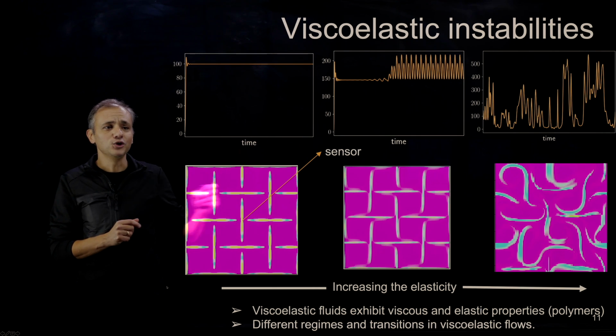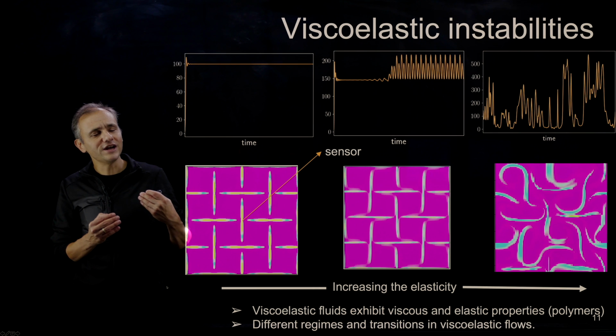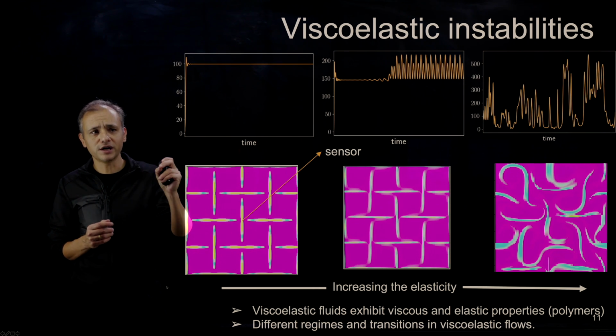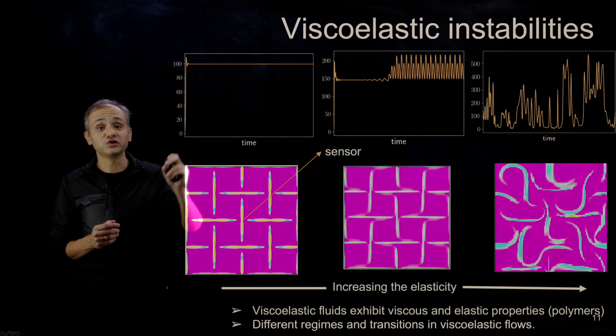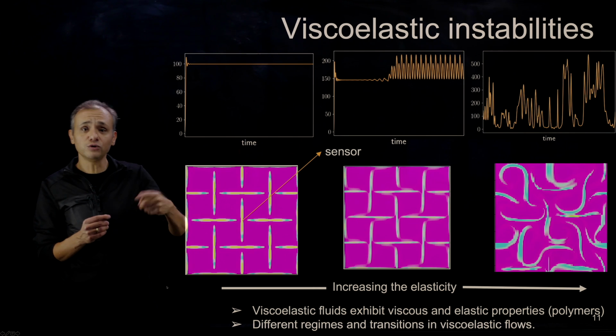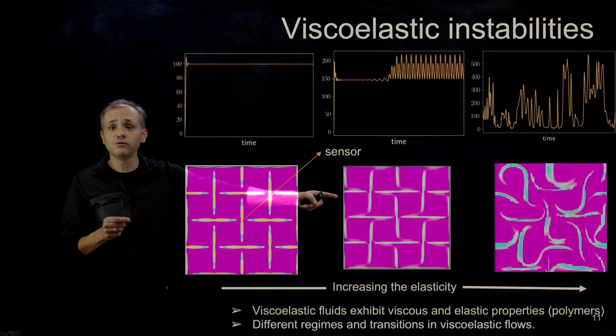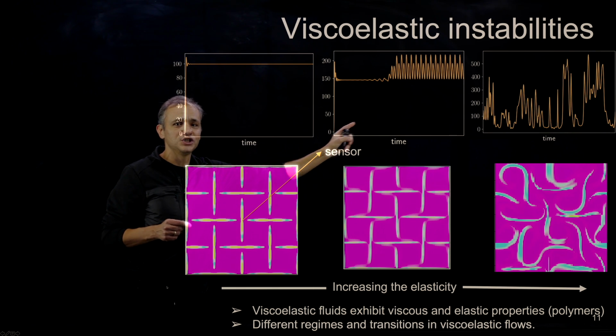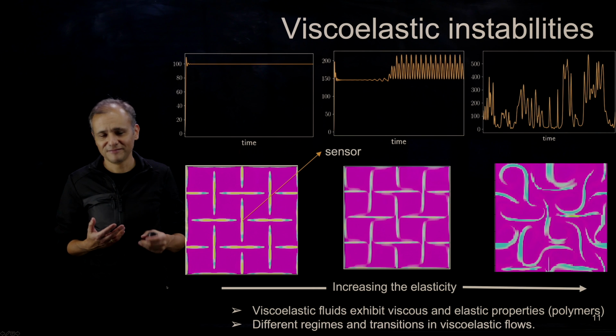But in the middle, if you include more elasticity in the system, you can observe a transition from the laminar to an oscillatory regime. And if you continue increasing the elasticity in the flow, you can see a transition from this oscillatory regime to a chaotic one.